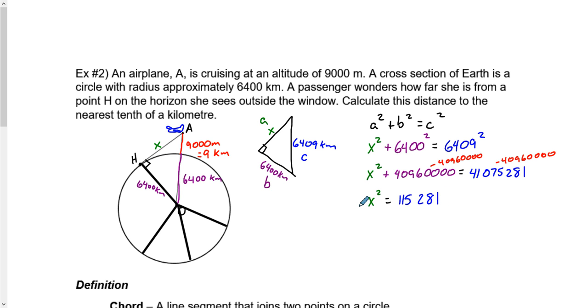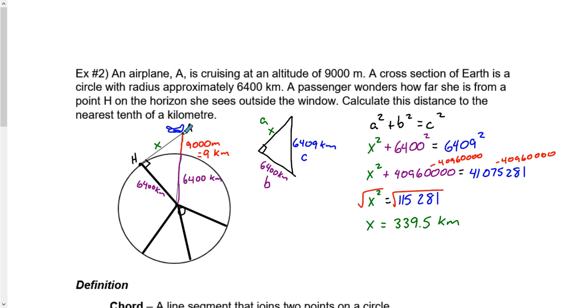Then to get our x by itself, we take the square root of both sides. X would then equal, so it says calculate the distance to the nearest tenth, it works out as 339.5 kilometers.